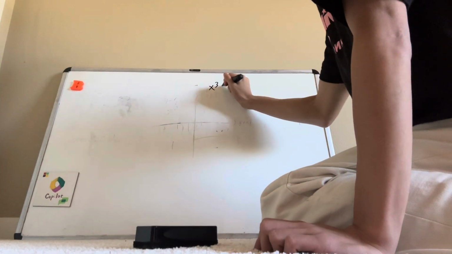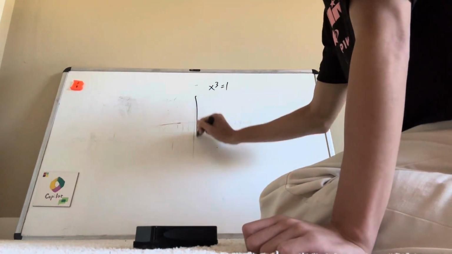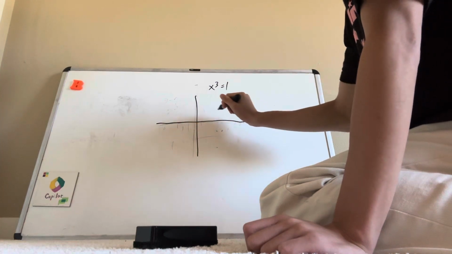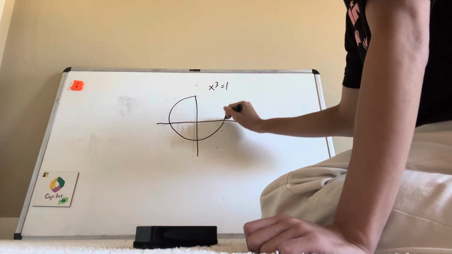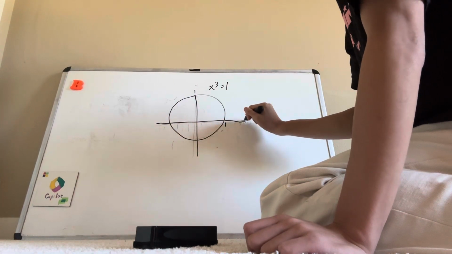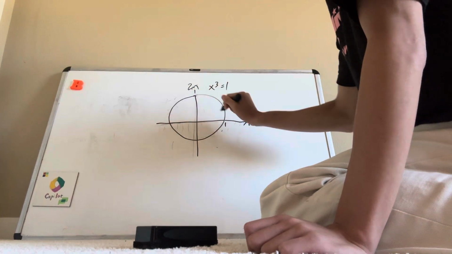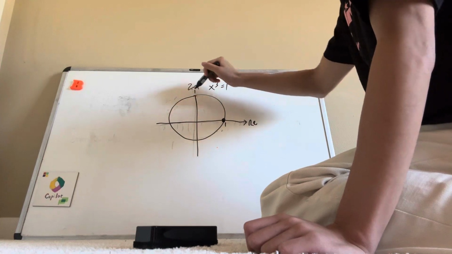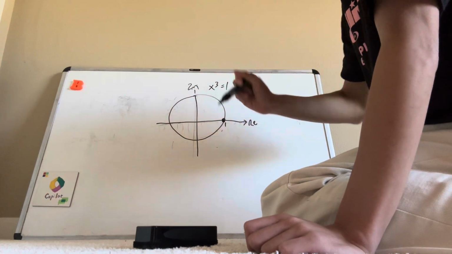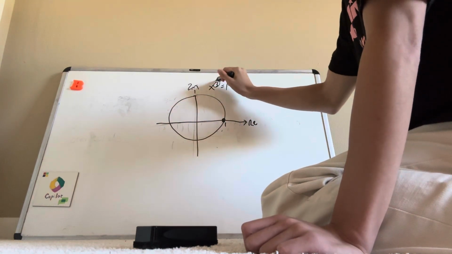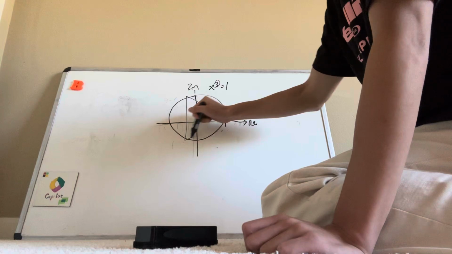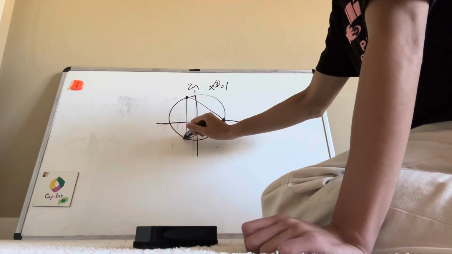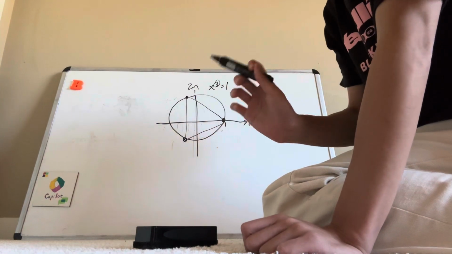Going back to x cubed equals 1, what you want to do is first draw a unit circle on this plane, with real and imaginary axes. You're going to start at (1, 0), because 1 is obviously a solution. Then you're going to draw an equilateral, regular triangle, since it's to the third power, and find the corresponding points; those are going to be your solutions.